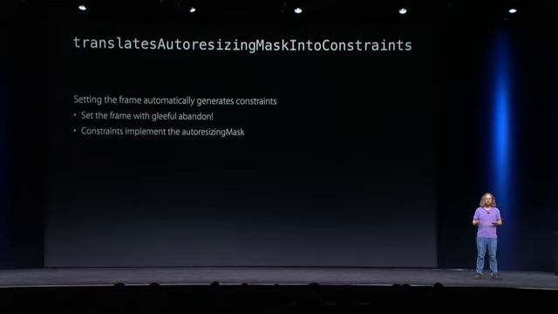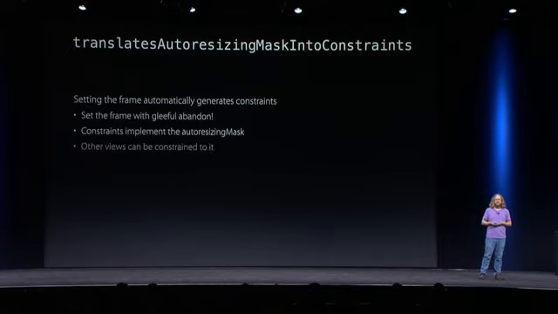Furthermore, these constraints actually implement the behavior of the autoresizing mask. So if you have some portion of your application, for example, that isn't updated to auto layout yet, and you're depending on this autoresizing behavior, it should still behave the way that you expect. And finally, by actually using the auto layout engine to enforce the frame that you set, it makes it possible to use constraints to position other views relative to this one.